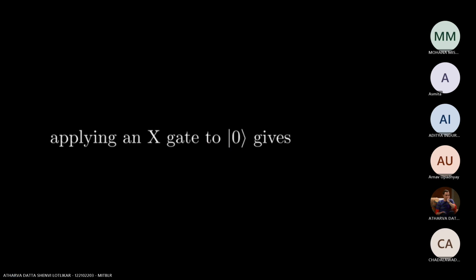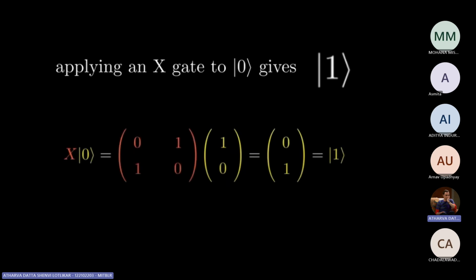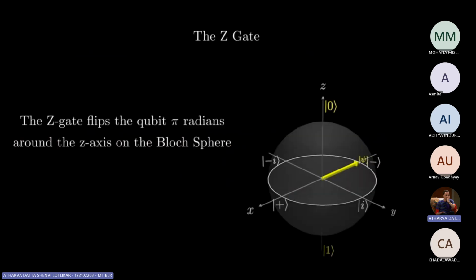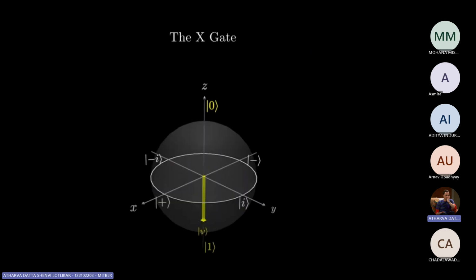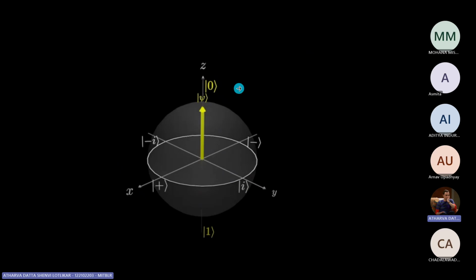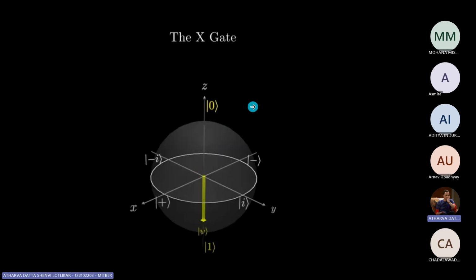Applying an X gate on ket vector 0 gives you 1. That's because if we visualize the very first visualization which you have done, wherein you have ket vector 0, which is the tip, and you apply the X gate, you get 1 here.